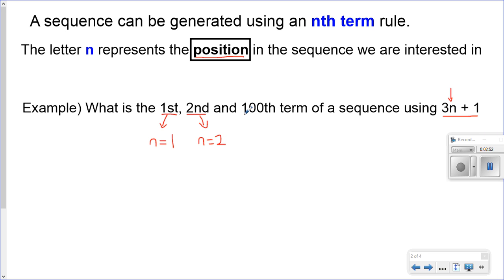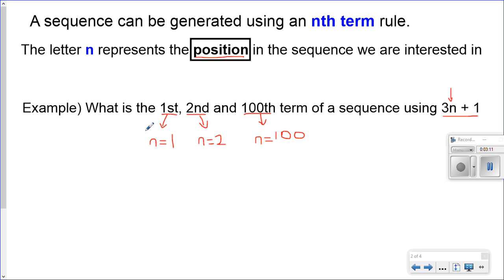And for our 100th term, you might be able to predict what's going to happen here. We would be interested in what happens when n is equal to the number 100.